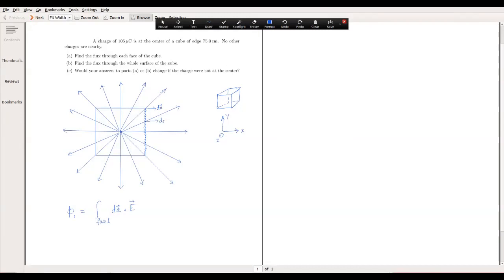That's your dA. Right at the center, dA is parallel to the electric field line penetrating from that, but otherwise they're in general not. Right?